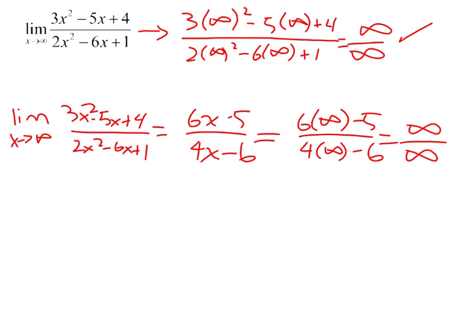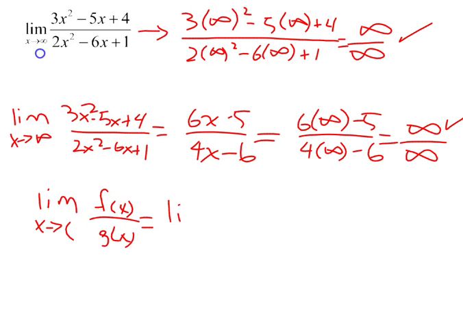Couldn't we extend L'Hopital's one more time? If I still get the indeterminate form by taking the first derivative, doesn't it make sense that L'Hopital says the limit as x approaches c of f of x over g of x is equal to the limit as x approaches c of f prime of x over g prime of x, correct? As long as it's indeterminate.